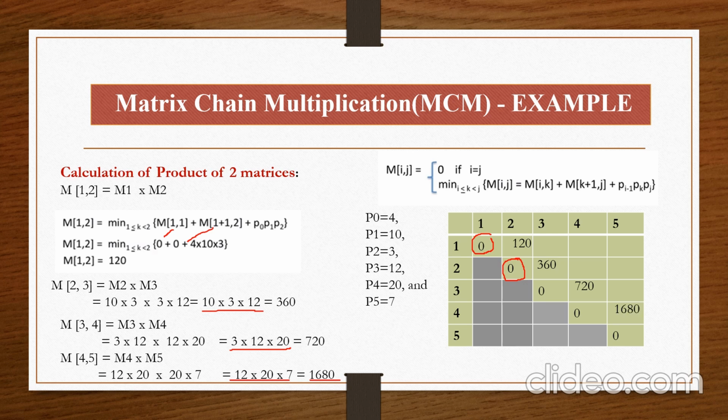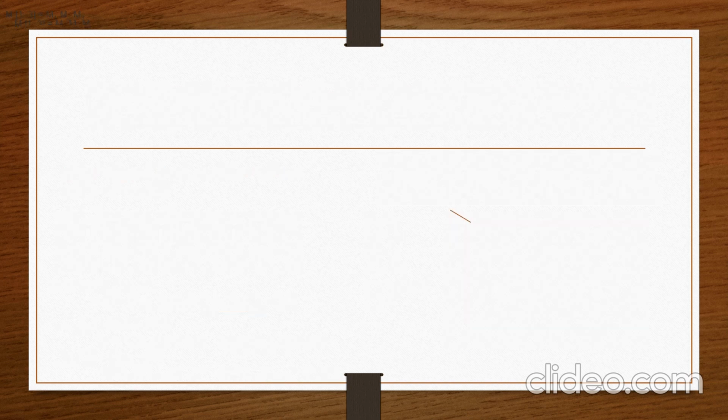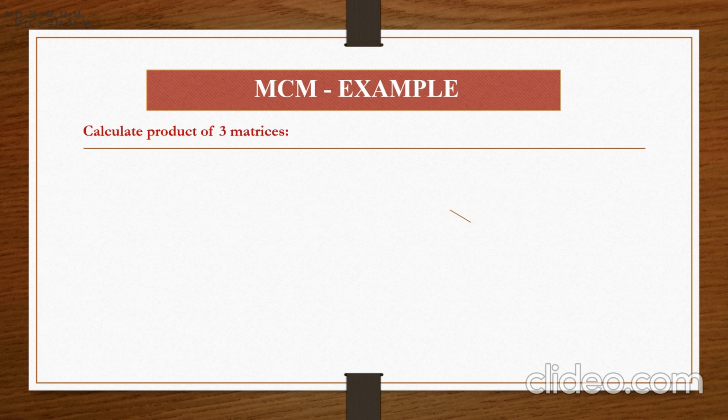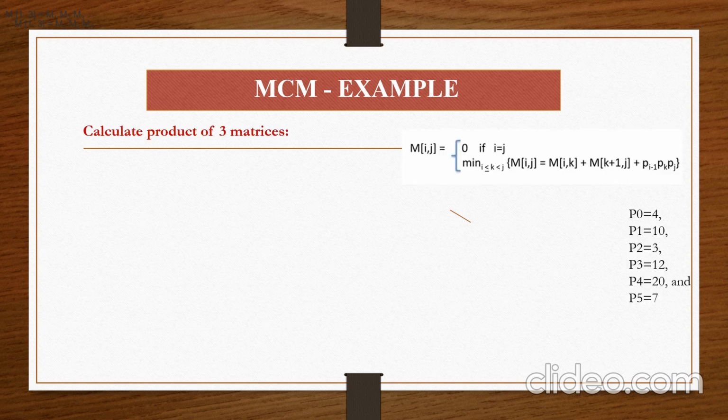Now let us move on to calculation of the product of three matrices, and for this calculation we will be using these sub problems' solutions. Calculation of three matrices uses the same formula, and all the values of p0 to p5 are included here.